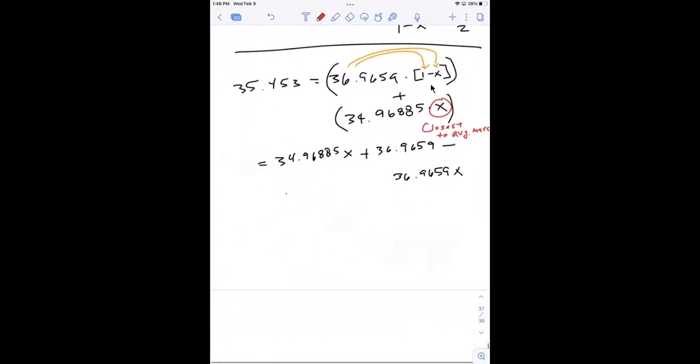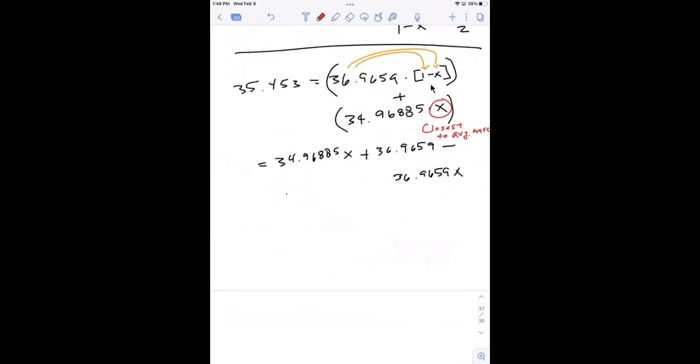Right, because x is going to be a larger number than 1 minus x. So the one that's closest to the average mass, that's what you make x. The other one you make 1 minus x. Doesn't matter what two isotopes you're looking at. All right. Is that the distribution part? We good with that?